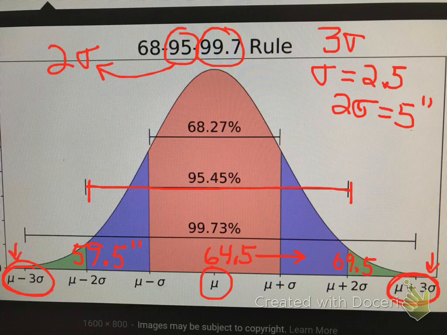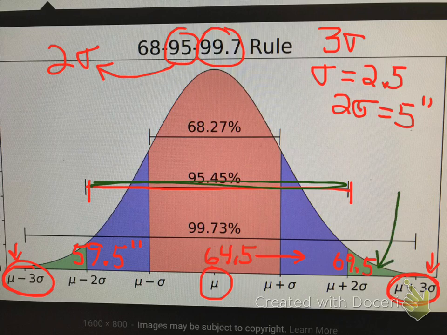Now, just a little bit of understanding here before I move on to a harder example. If 95% of all women are within 2 standard deviations of the mean, so this is 95% right here, that leaves 2.5% in this little green tail here.